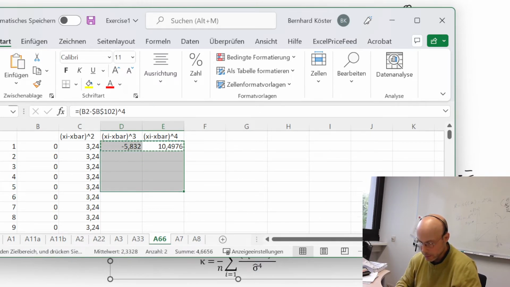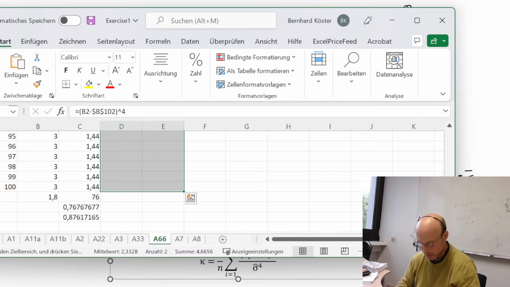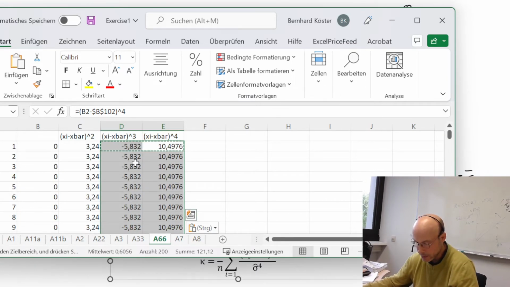We need, of course, all deviations going down to 100.